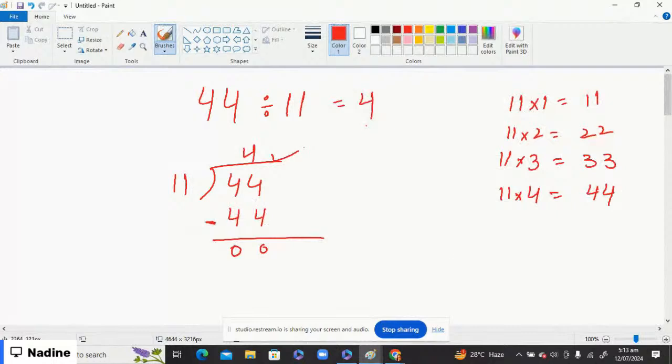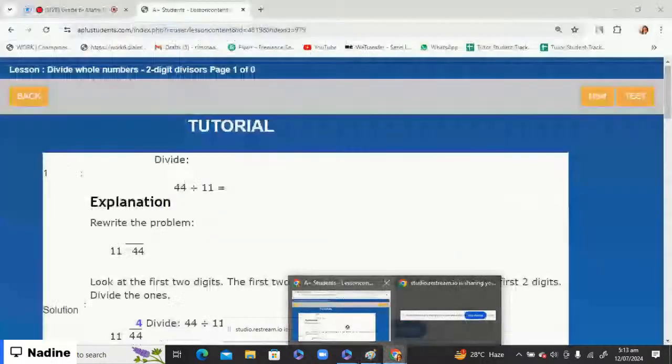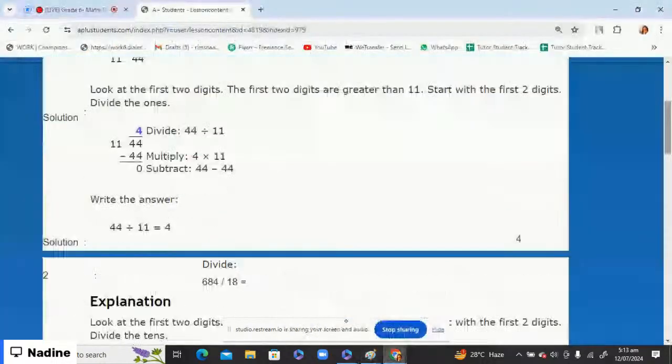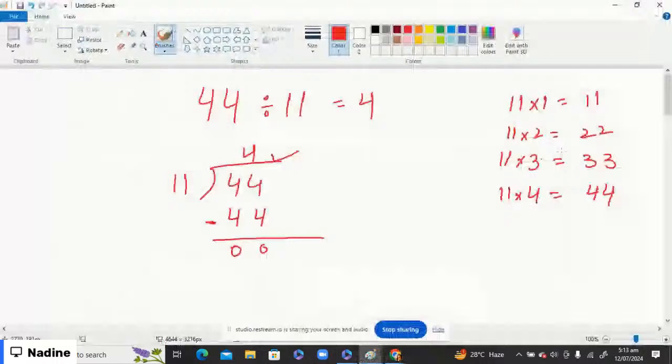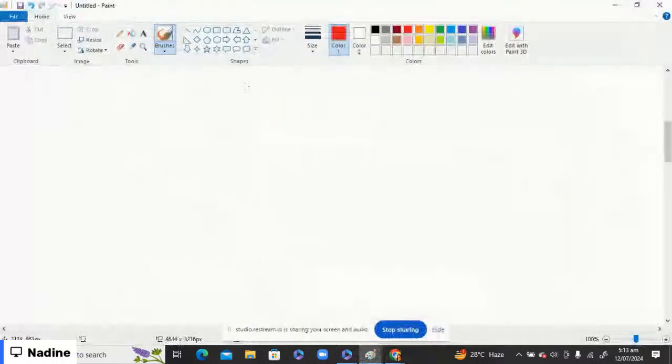Now let's do the next part. Here is 684 divided by 18. Let's solve together, okay? 684 divided by 18.